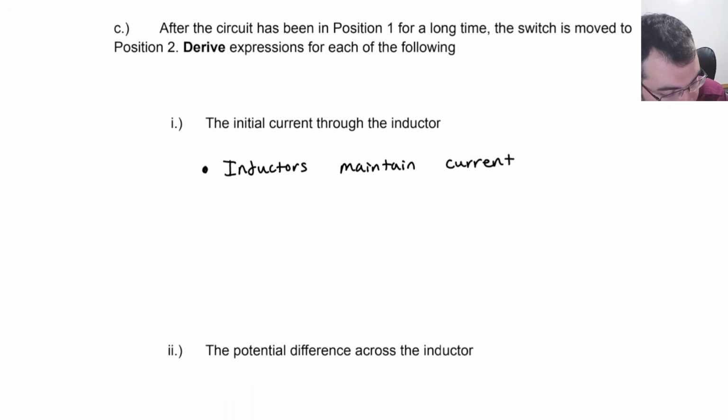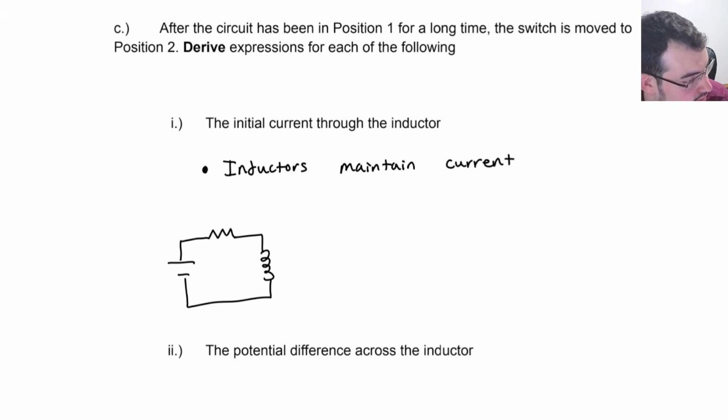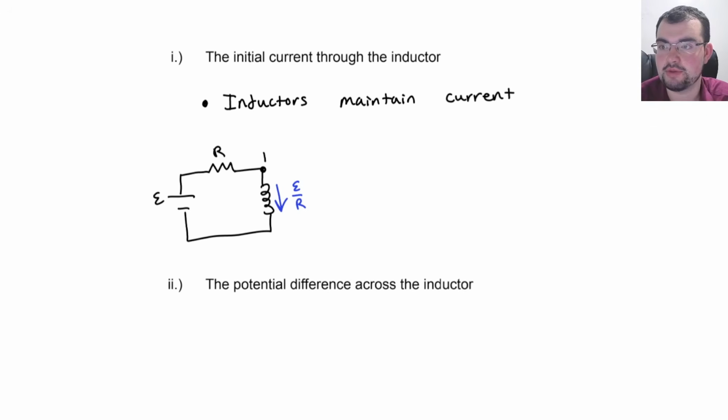So if we draw what was happening here, this is what we had originally, where we have this current, E over R, when we're closed to position 1. So that inductor is going to maintain that current for a short time.